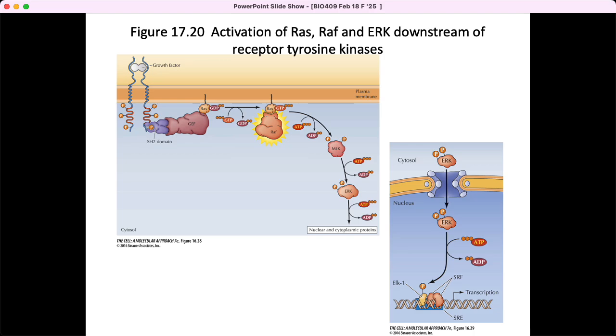The receptor works kind of like a teeter-totter or a pair of pliers, where when one end changes, the other end changes, a conformational change. The growth factor brings these close together, the tyrosine kinase activity phosphorylates, and as long as that's phosphorylated, it's active.